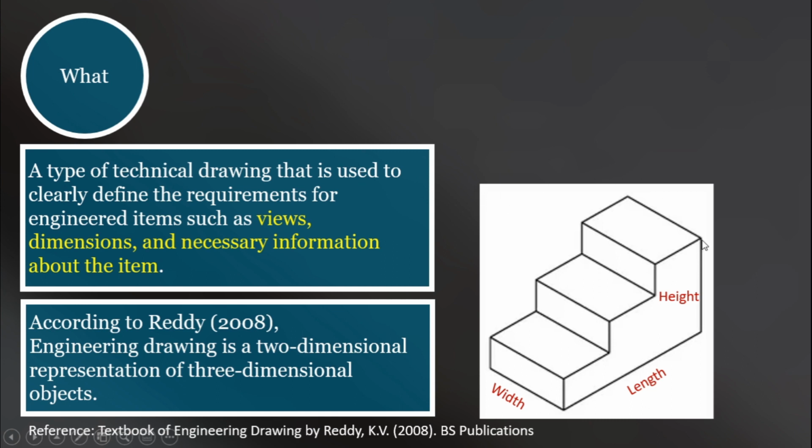This white surface over here has only a length and a width. That is what the definition means. Meaning, throughout the duration of this course, you will be drawing three-dimensional objects and their parts on a two-dimensional drawing paper or plate.